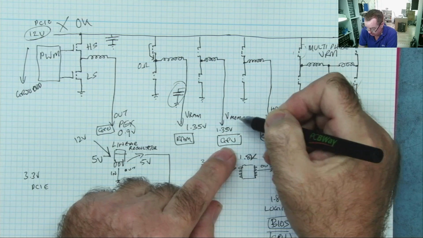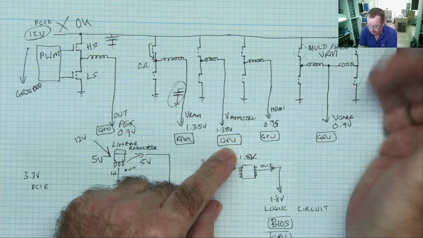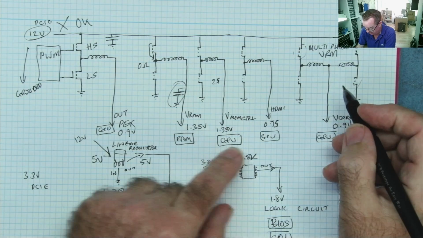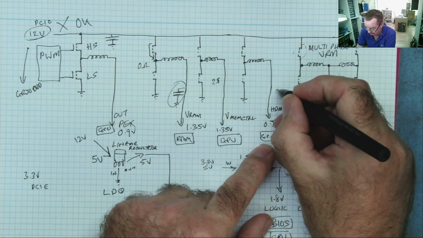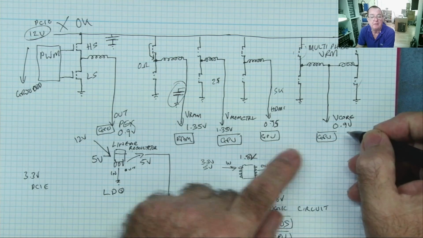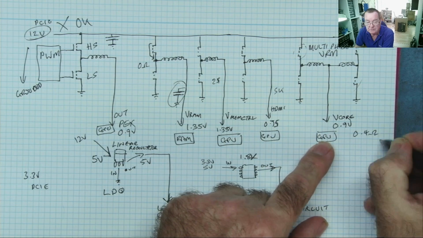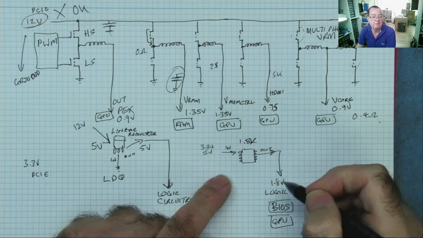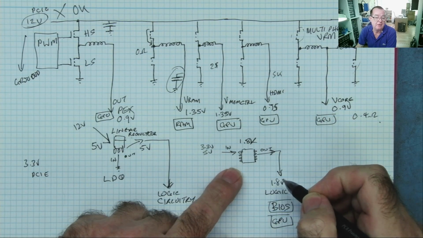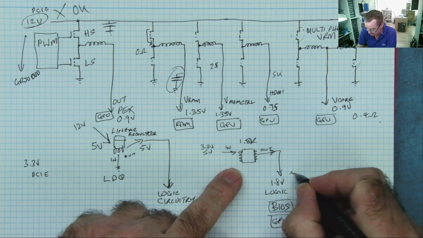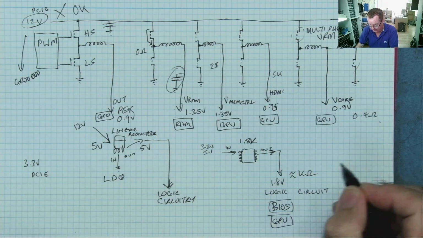The GPU memory control could read, let's say, 25 ohms. I mean, just rough figures. HDMI could read like 5 kilo ohms, it's fine. VCore could be reading like 0.4 ohms because it reads low. This 1.8 volts doesn't drive much, so it probably reads in the several kilo ohms.